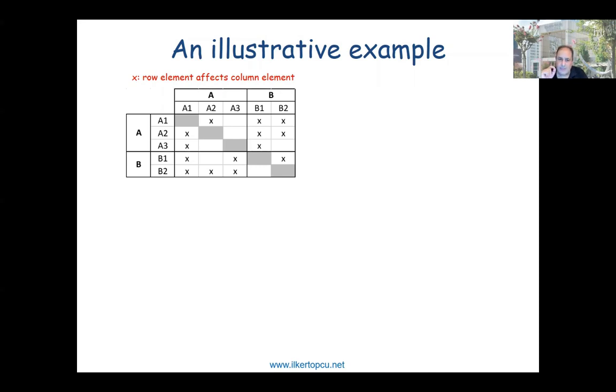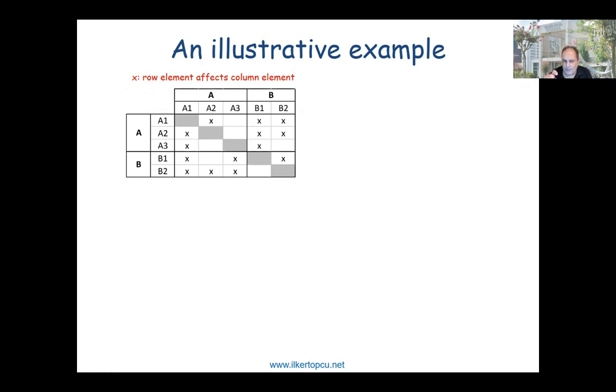After finding this influence matrix, now we are ready to go with the second step of the Analytic Network Process, modeling. What shall we do? We will find which parent element is affected by which sub-elements. A1 is being affected by A2, A3 at cluster A, and B1, B2 at cluster B. Here you should be careful.